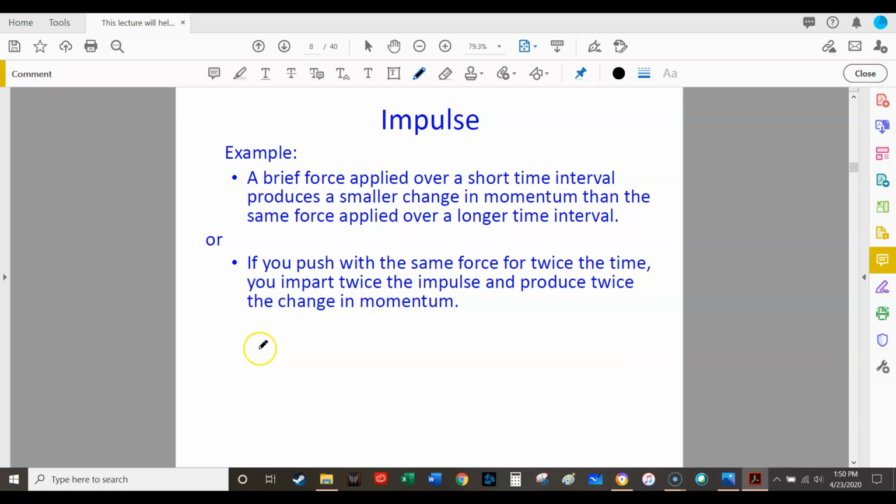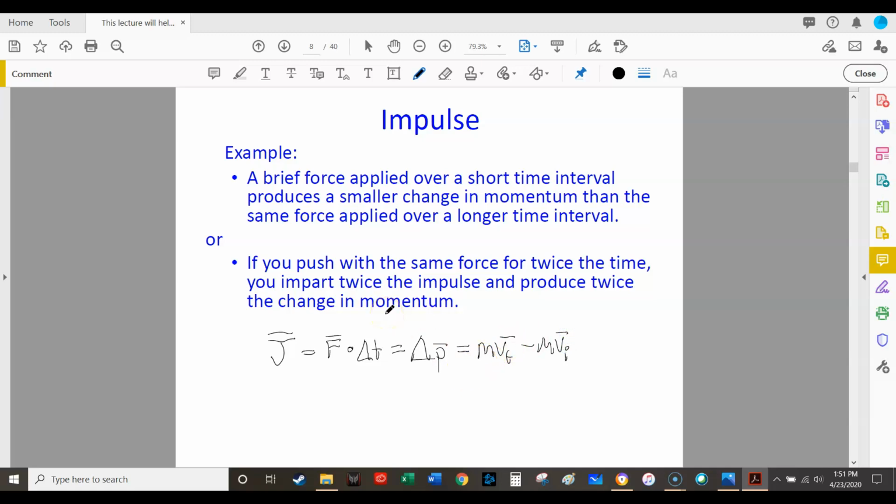You have impulse, which is a J vector, which is equal to the net force over a period of time applied to an object or system, which is equal to the change in momentum for that object or system, which is finally equal to the difference in momentums from the initial to final, okay?